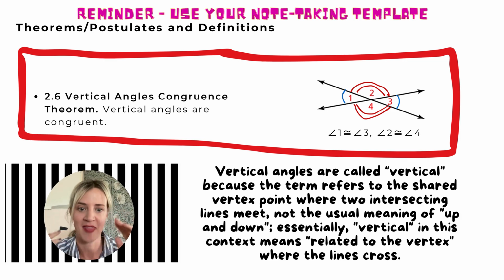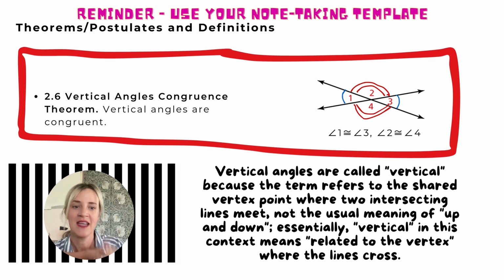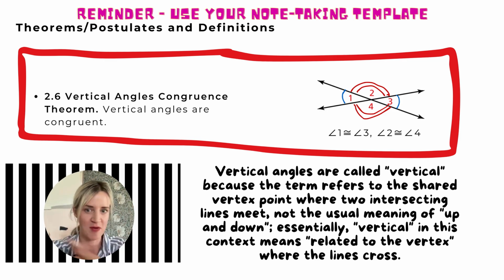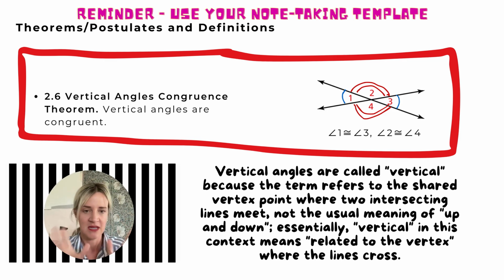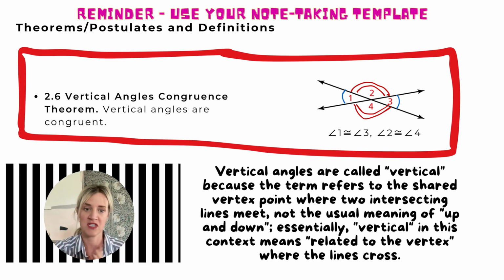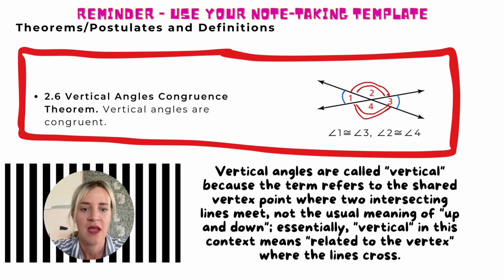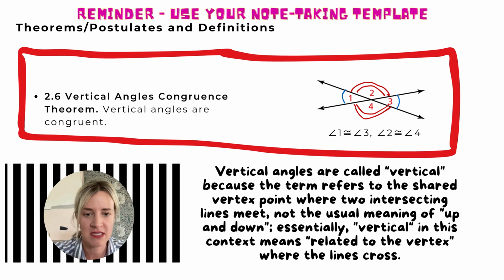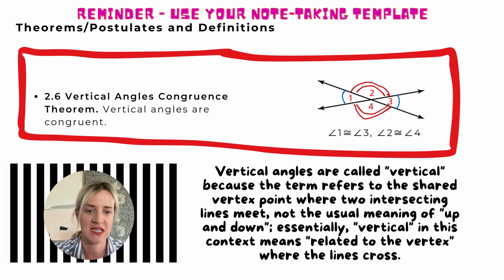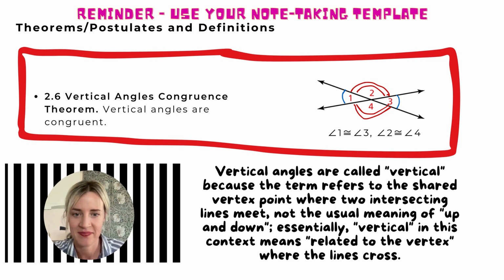So it actually has nothing to do with the vertical line up and down. Okay, so erase that from your memory when you're thinking of vertical angles. It just has to do with that common vertex, not vertical lines. Essentially, vertical in this context means related to the vertex where the lines cross.